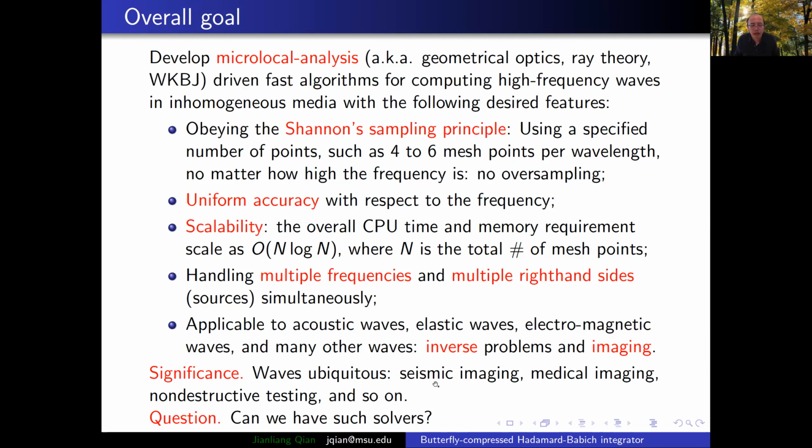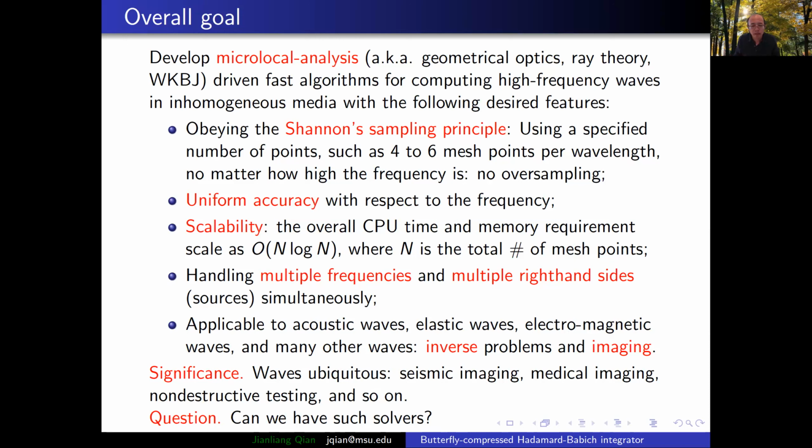So that's the motivation. We would follow the so-called Shannon sampling principle: no oversampling, no downsampling. Uniform accuracy with respect to frequency: no matter how high the frequency is, we keep only 4 to 6 mesh points per wavelength.